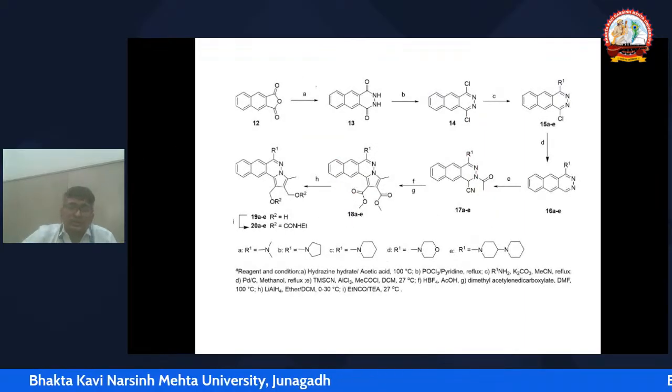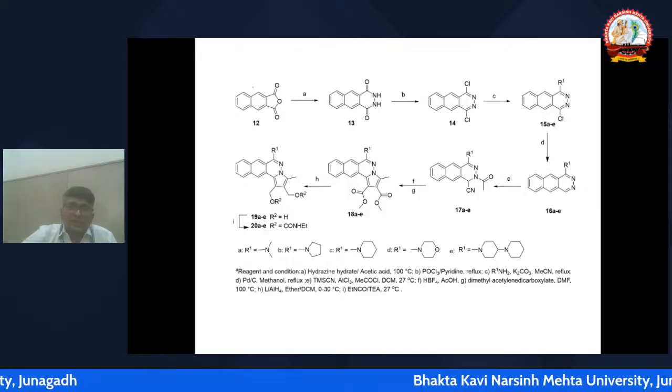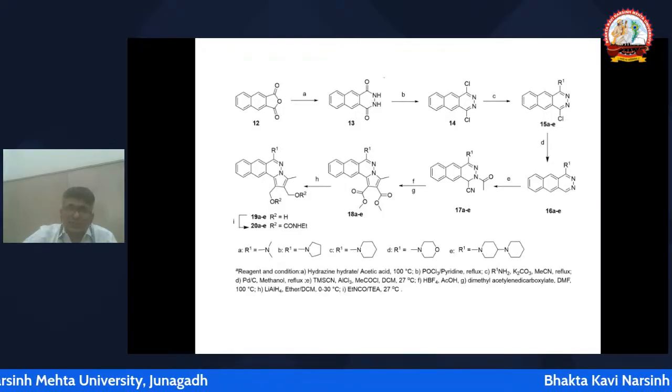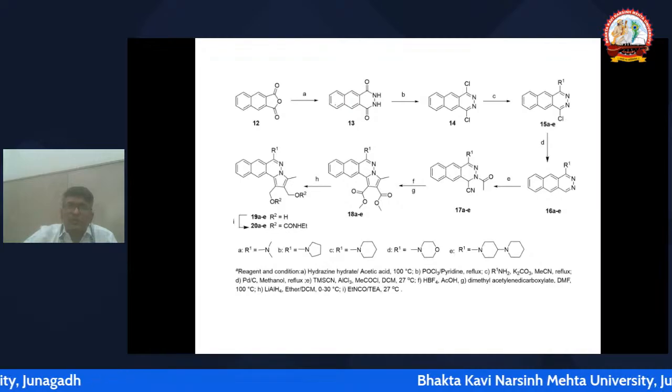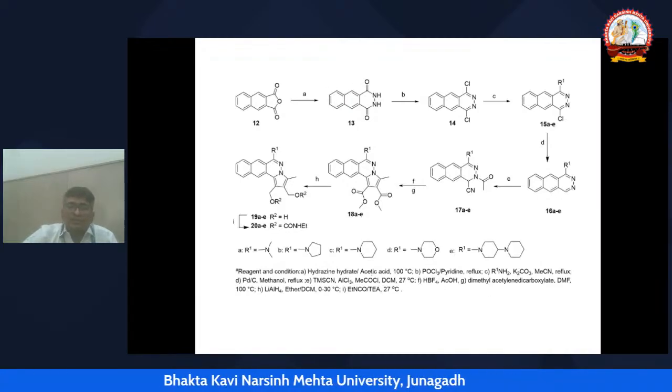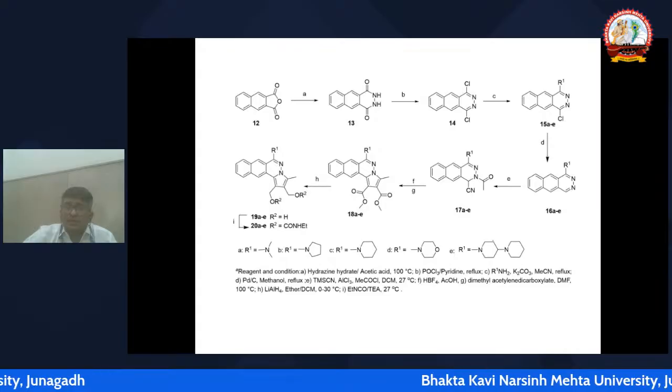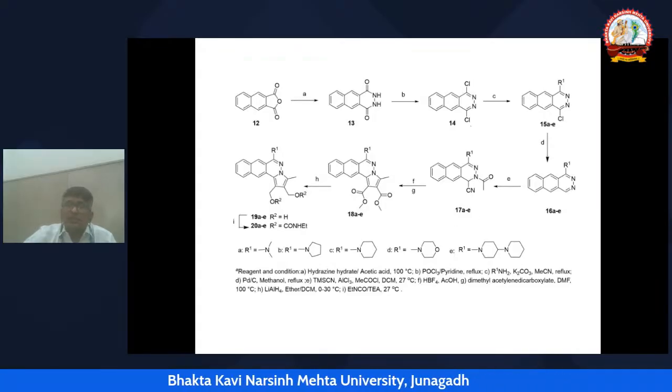this through this scheme, where firstly we take the anhydride. This anhydride can react with hydrazine hydrate, and it produces benzothiazidone molecules, particularly with the attached benzene rings. After that, compound number 13 reacts with POCl3 in the presence of pyridine, and it is converted into the dichloride.